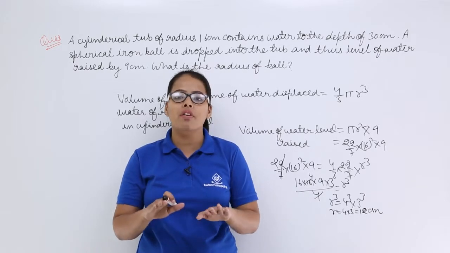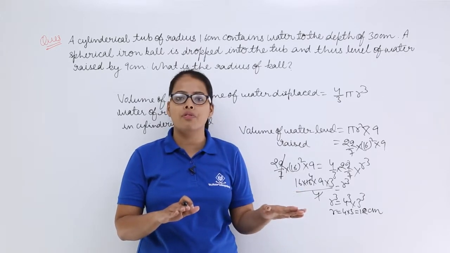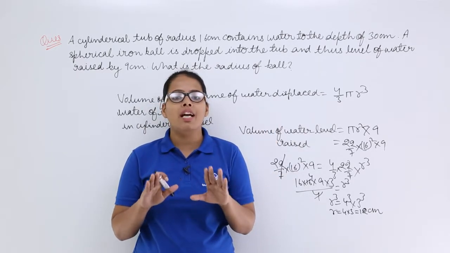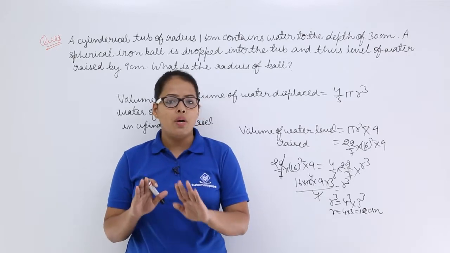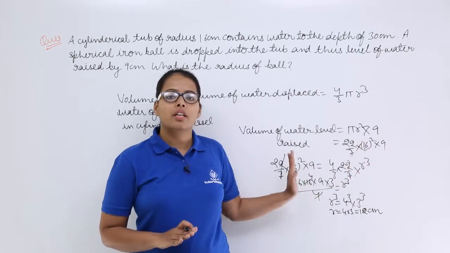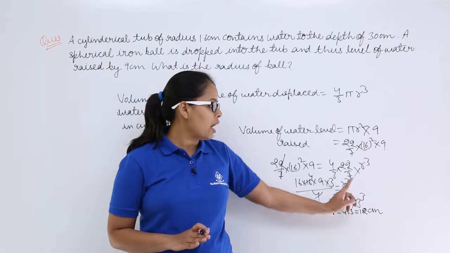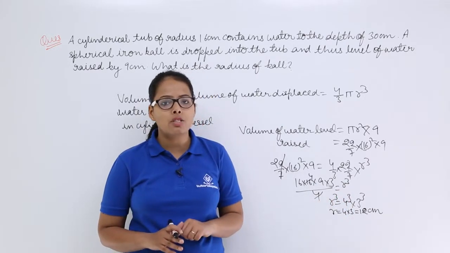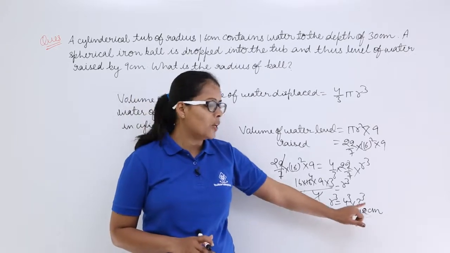It is not going anywhere. There is no fall of water out of the vessel because it is not mentioned in the question, so we are assuming that water is still there in the vessel. So I have equated both of these volumes, and after equating, I have calculated the radius of the spherical ball, which is 12 centimeter.